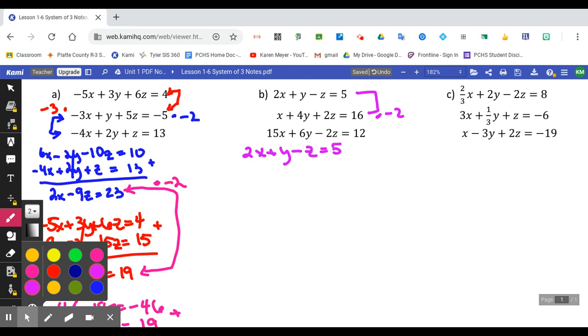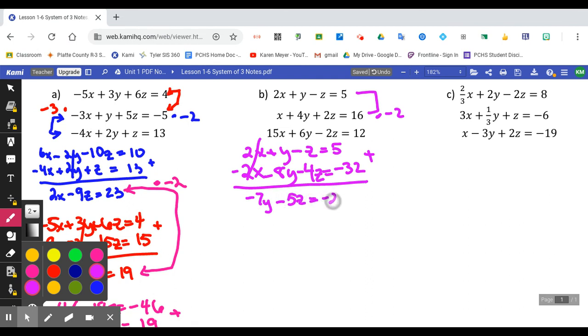Multiply the middle one by -2, and you get -2x minus 8y minus 4z equals -32. Add the two equations together and you get -7y minus 5z equals -27.